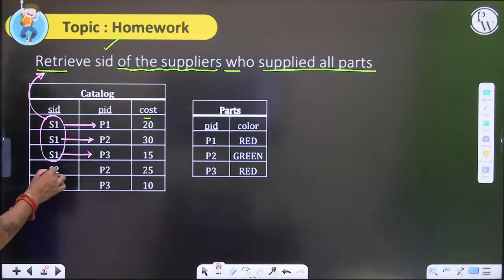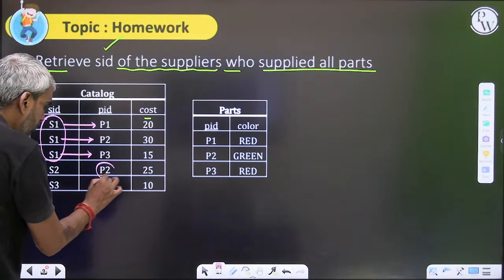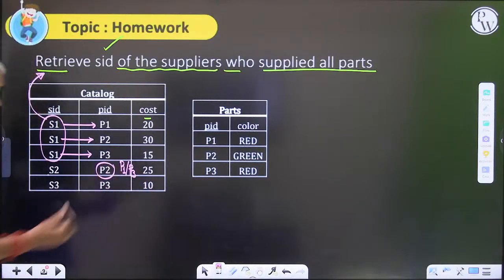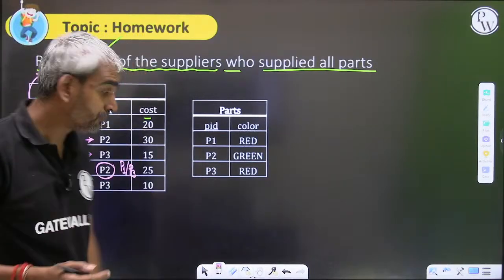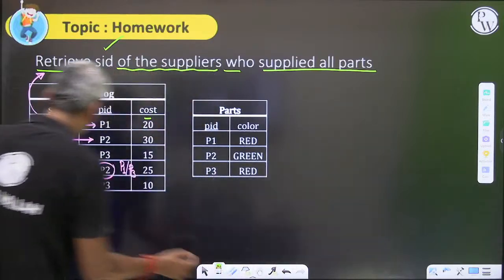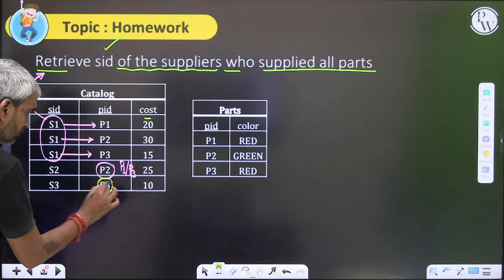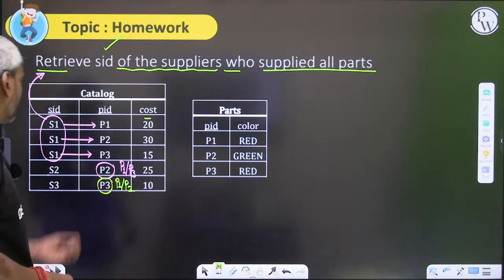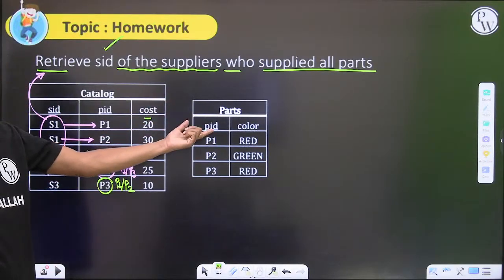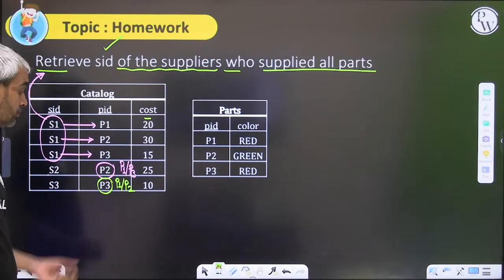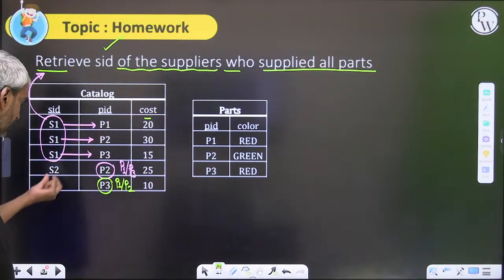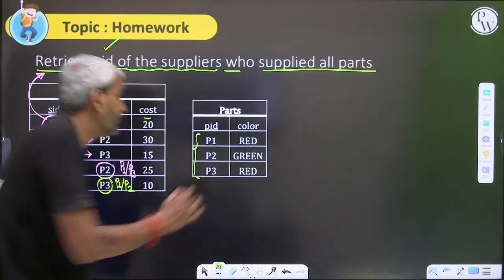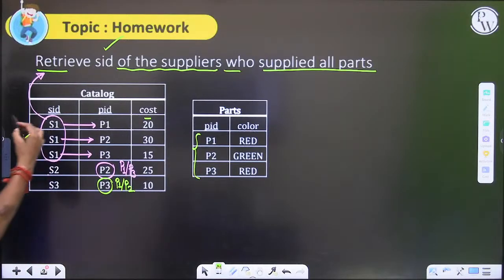Clear? Now, if you look at S2, it has supplied part P2, but it has not supplied P1 and P3. Please remember, supplier S2 has not supplied P1 and P3, and at the same time supplier S3 has not supplied P1 and P2. So there are some parts in the Parts table which are not supplied by supplier S2, and some parts which are not supplied by supplier S3, but every part of the Parts table is supplied by supplier S1.